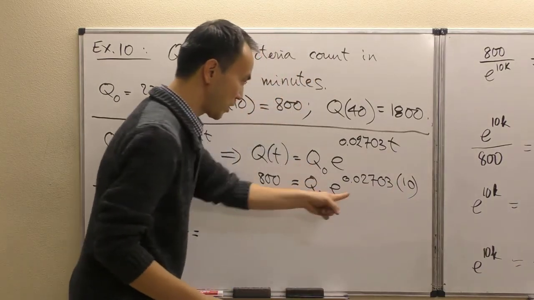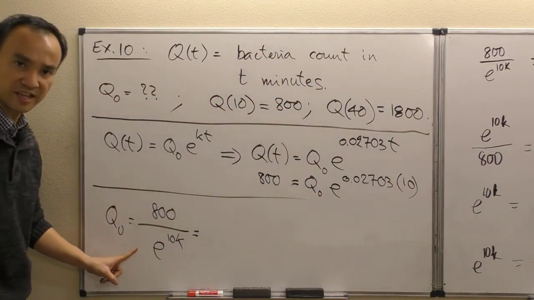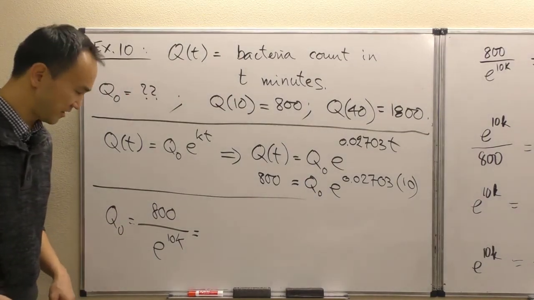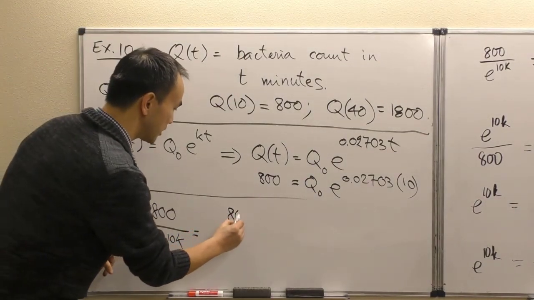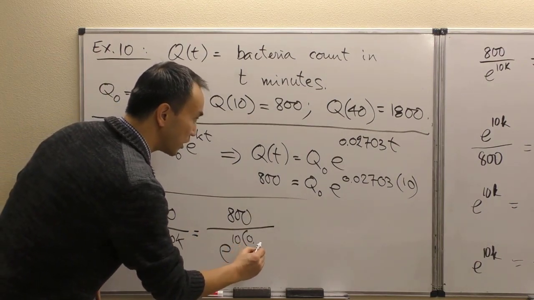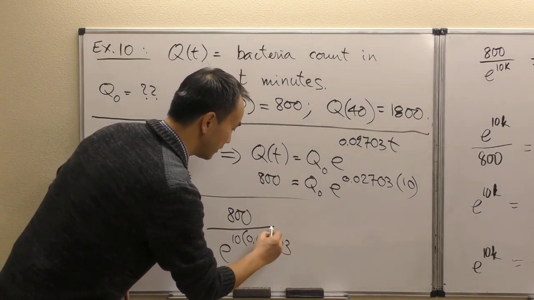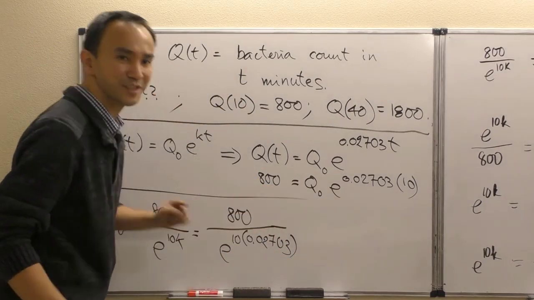Yes, so that's one way, and then we solve for q sub 0. But solving that is exactly the same as this step. And that's what I was trying to say right here. And so now it's 800 divided by e to the 10 times 0.02703. All right, and that's how that step led into this.